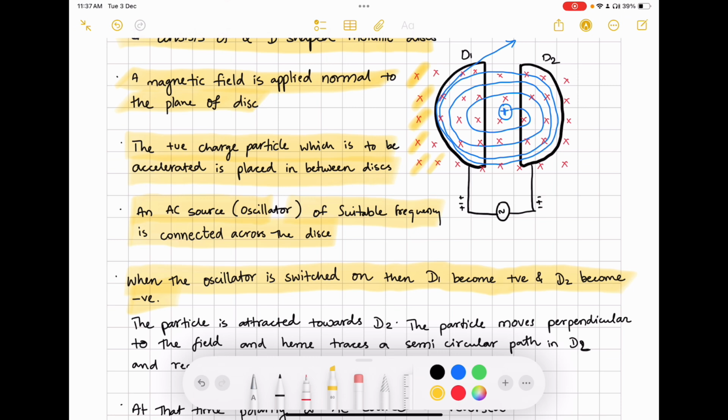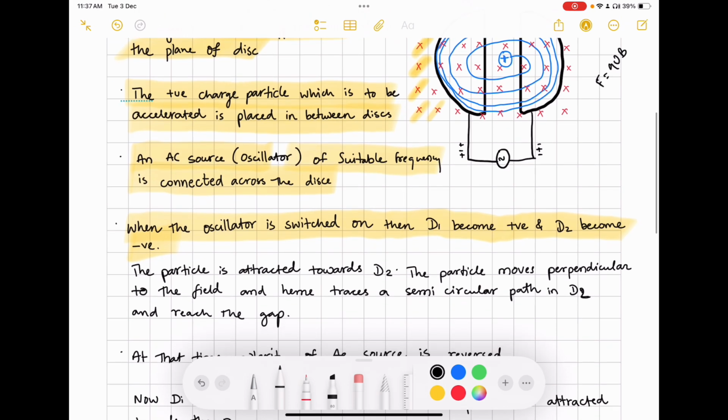We know that when a charged particle moves perpendicular to the magnetic field, it experiences a force called the magnetic Lorentz force, F equals qvB. Due to this force, the particle will trace a circular path in the field.